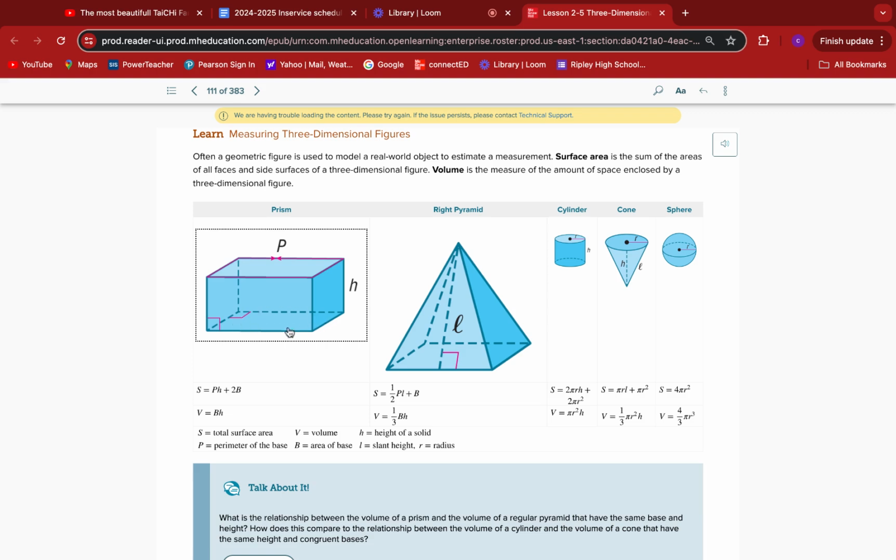If you want to say the bottom and the top is the base, not a problem. If you want to say the front and the back are the bases, okay, not a problem. You've got to pick and be consistent. Like I can't say, okay, I'm going to make this bottom here the base and the front the base.